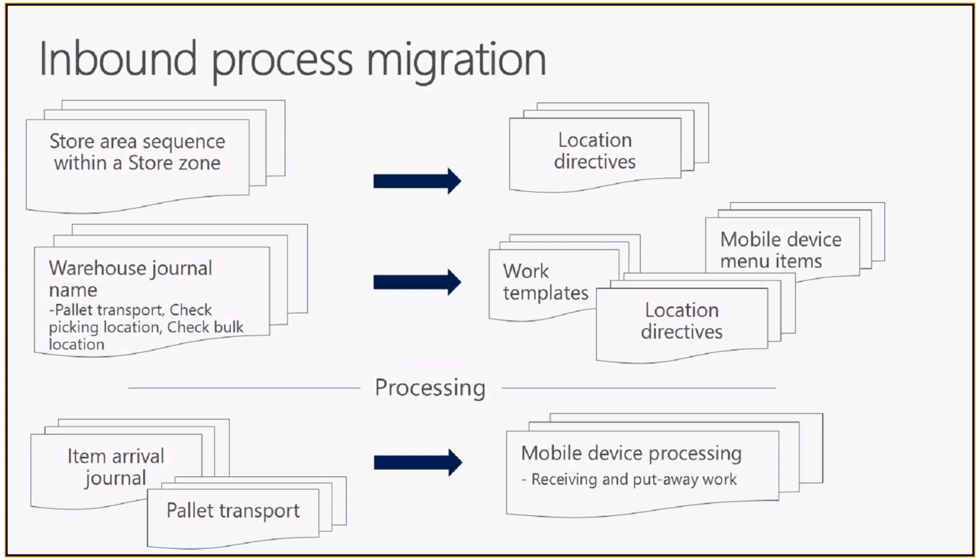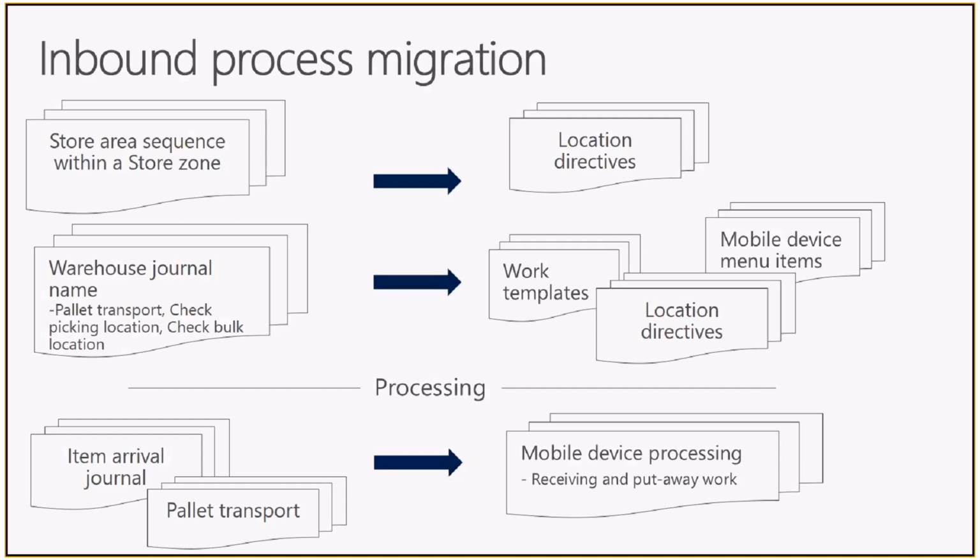For the arrival journal posting process, it determined whether I should create this pallet input transport or not. For the new warehouse module, we will obviously use the mobile app when doing the receiving. We'll use the mobile device processing to process the actual put away work.